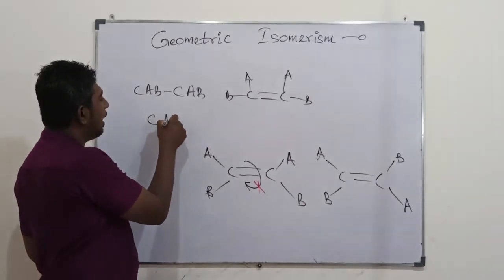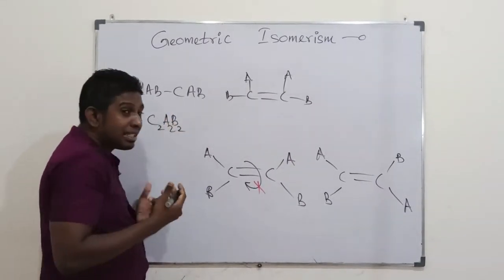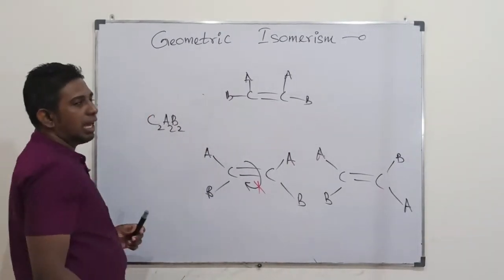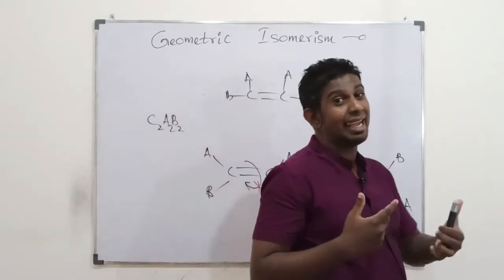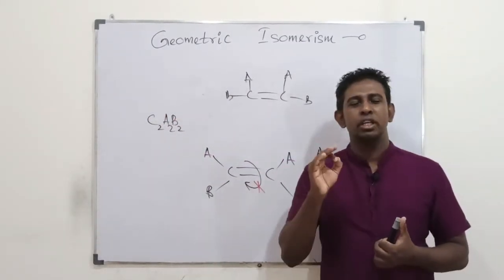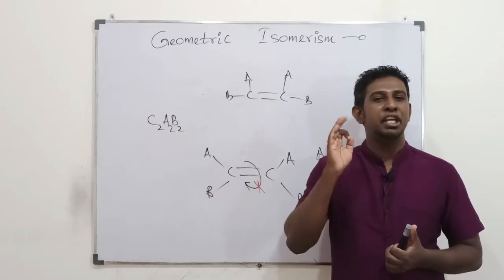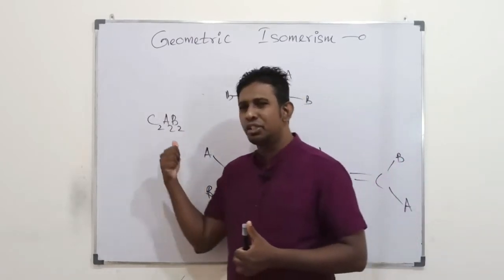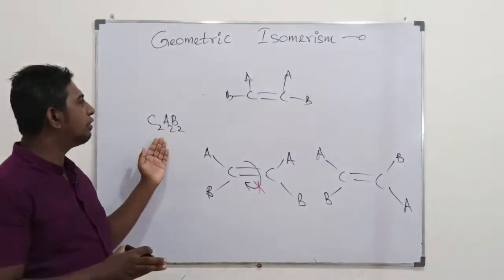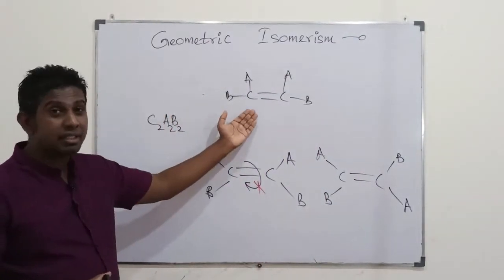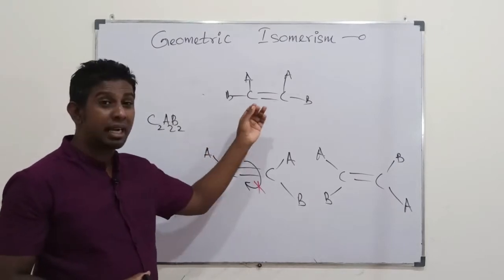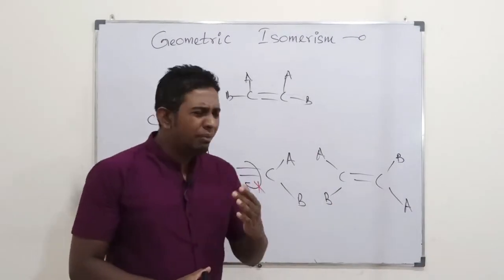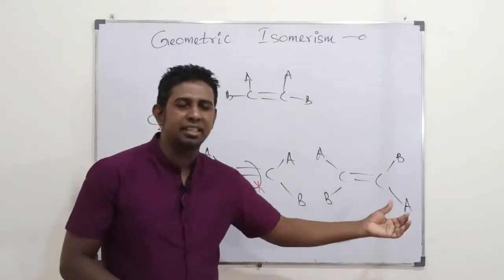The molecular formula is C2A2B2. The structural formula is just showing that you have carbons attached to each other, while the molecular formula explains only the number of those atoms. For this molecular formula, it could have this structural formula, but this structural formula could carry two different structures. One is this, the other one is this.